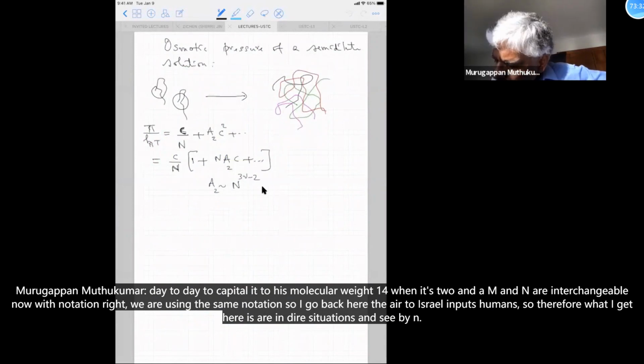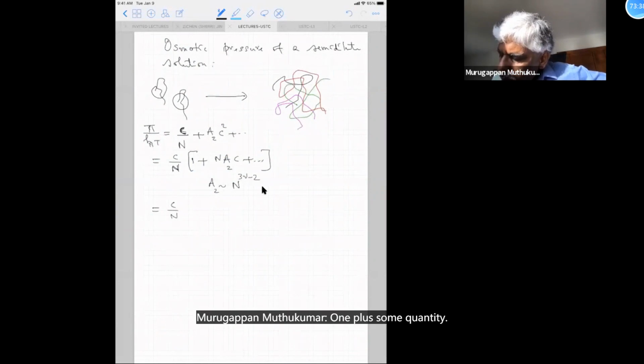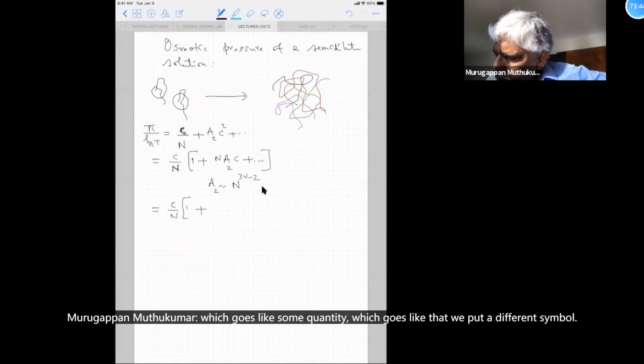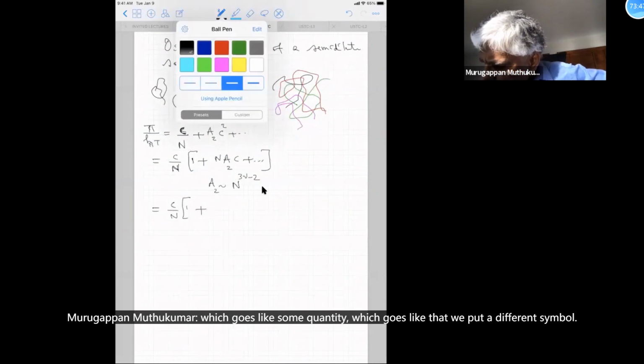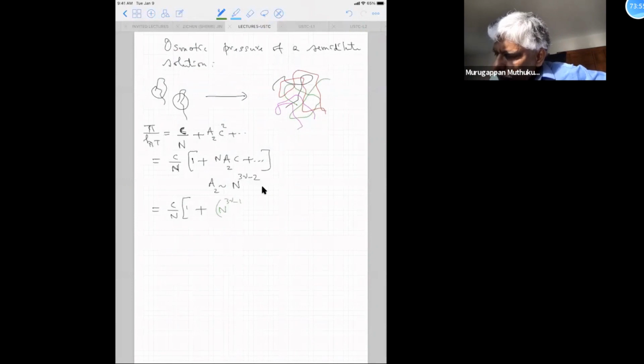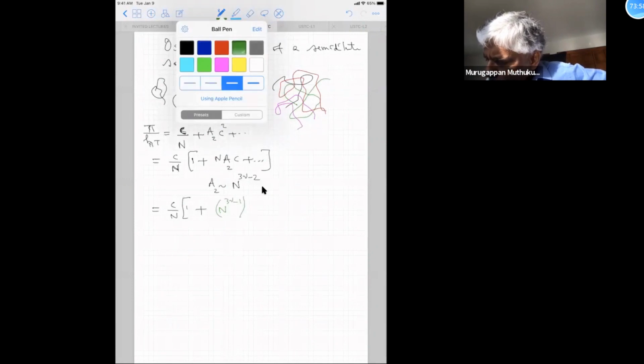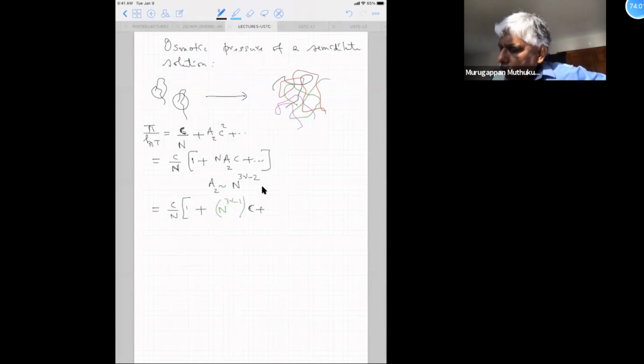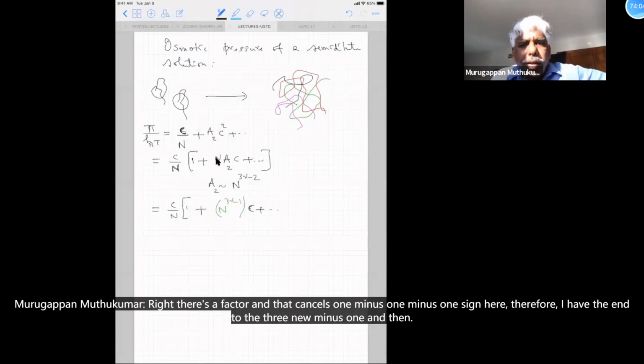Therefore, what I get here is, in dilute solutions, C by N times 1 plus some quantity that goes like N to the power 3 nu minus 1 times C plus etc. There's a factor of N that cancels the minus one here, therefore I have N to the 3 nu minus 1 and then C.